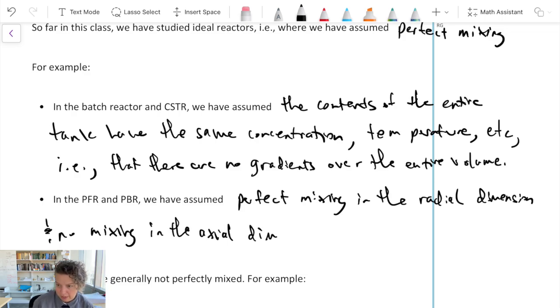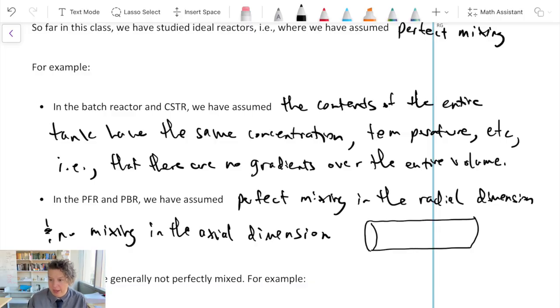And what we mean by that is if we have a tubular reactor and we have some volume slice, and this is a hypothetical slice. It doesn't physically exist. It's something that we think about to understand reactor performance. What we're saying is that within this entire volume, everything is well mixed, so there's no gradients inside this volume.